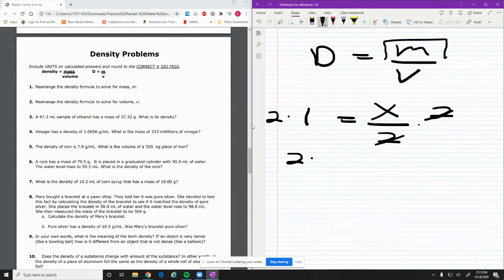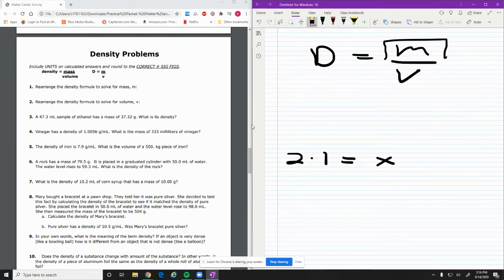Now I'm left with 2 times 1 is equal to x. So then x is equal to 2. And you've essentially isolated x. And I'll stop and I'll erase that, right? We isolated x, but I want to show you that it's the same thing as math.